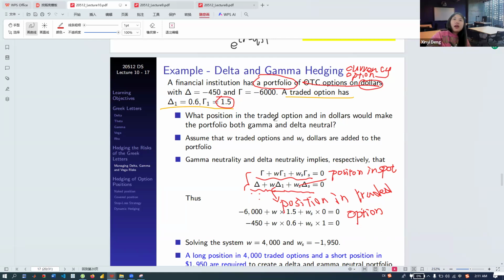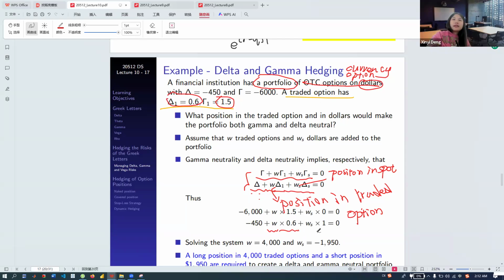When we are hedging with the other traded options, we use W, the position in that traded option, times delta 1, which is 0.6.